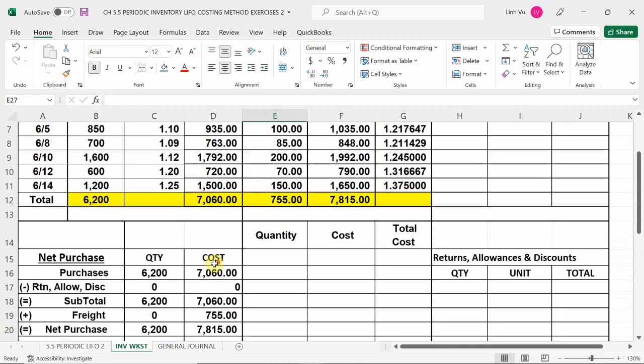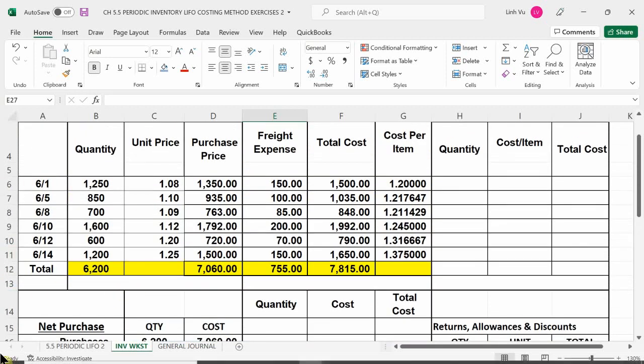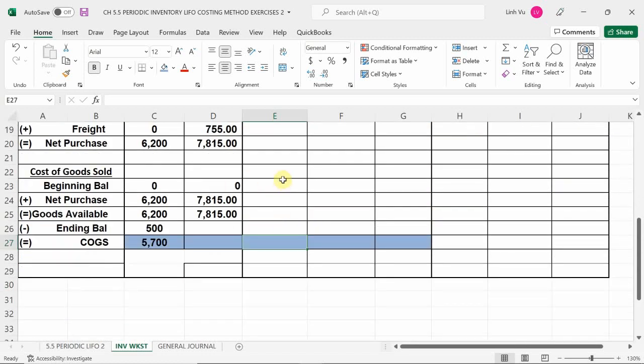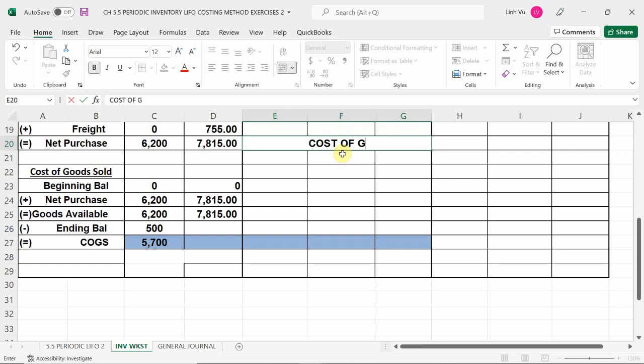But in this case, let's see, how many batches of inventory have I purchased? 2, 4, 6. So my cost of goods sold column is going to be here, and I'm going to build a table within this table to calculate my cost of goods sold.